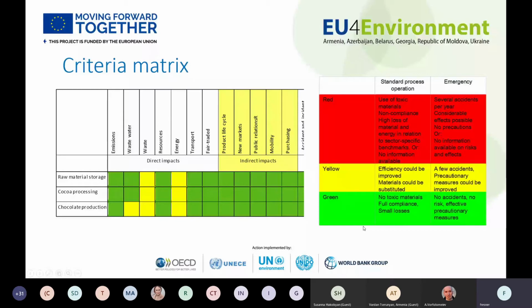Which would mean an area here stays green, and green means no further action needed, fine for the moment being, if in normal operation there are no toxic materials, full compliance with all legal obligations, and if losses are small.